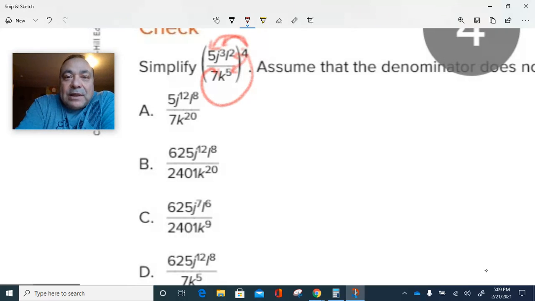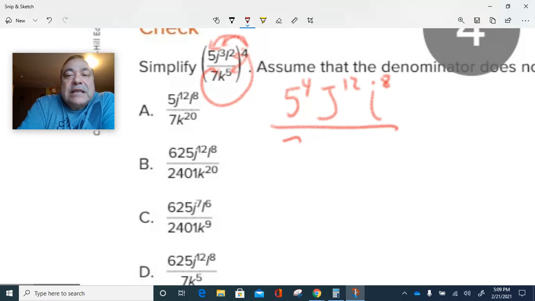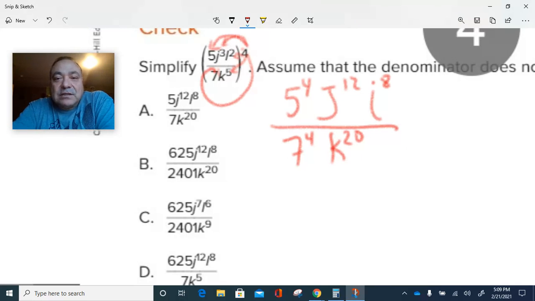Okay, so what we have right there, guys, is 5 to the 4th power, because there was 1, j to the 12th power, I to the 8th power, all over, guys, 7 to the 4th power, because there was 1, and k to the 20th power. 5, because that's 5 times 4.